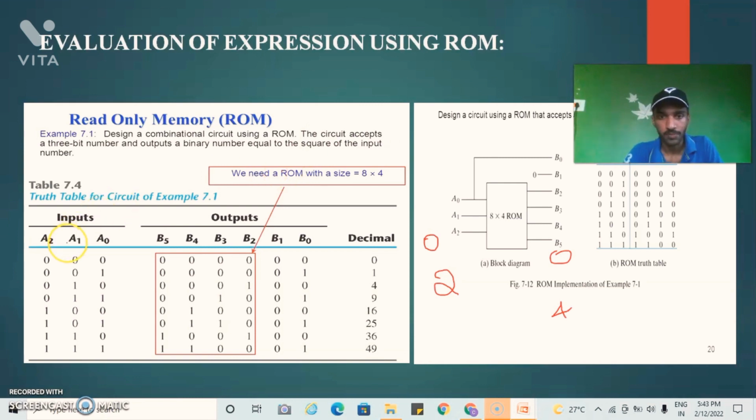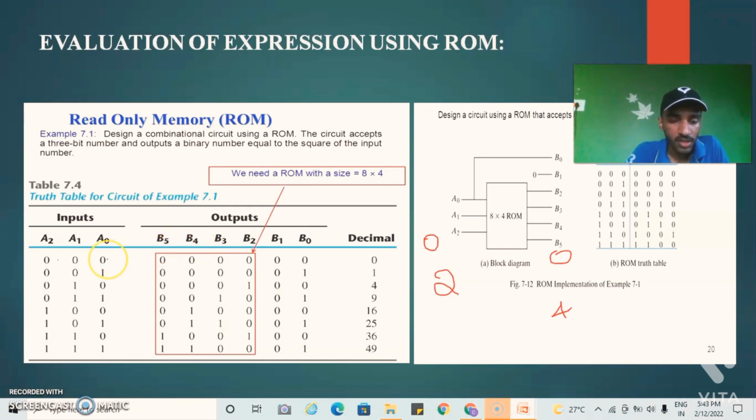Here you can see that from 0 to 8, since they are asking for a 3-bit number, A2, A1, A0 are the inputs.